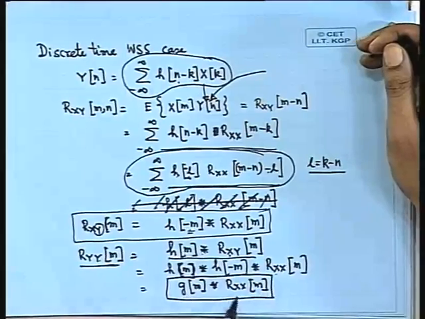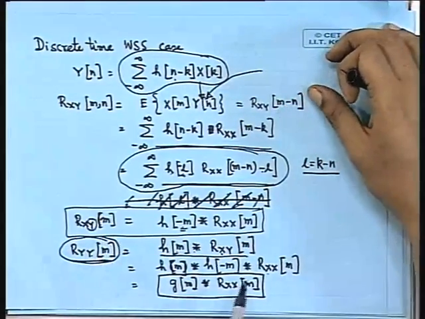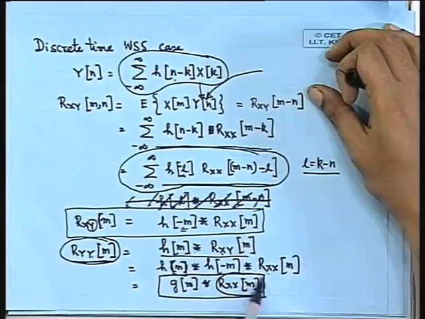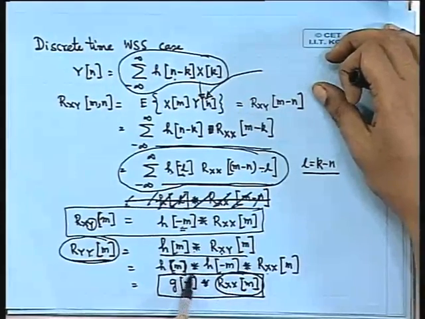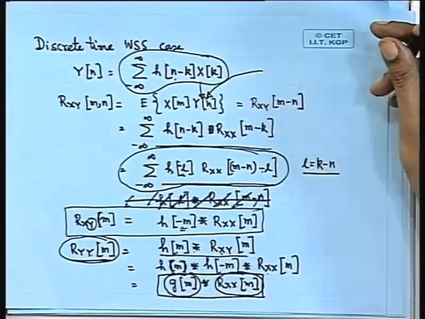So you see that the autocorrelation function of the output you have obtained given the autocorrelation function of the input and the system properties. This is the importance of the result. Without these results it is nearly impossible to find out probabilistic properties of the output.